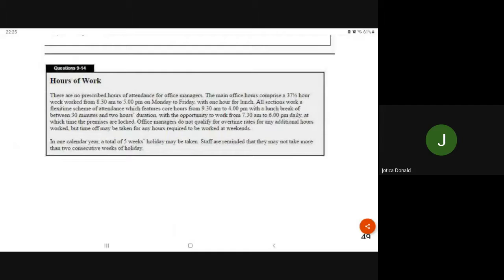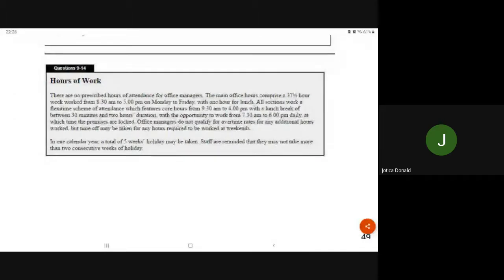The question is saying it is possible to have a 2 week holiday in summer. They are asking is it possible or not? So explain to us why yes, ma'am, true. क्यों true है? अब कैसे समझ आया आपको? The para says in one calendar year a total of 5 weeks holiday may be taken.